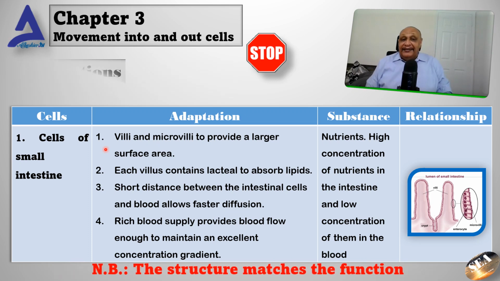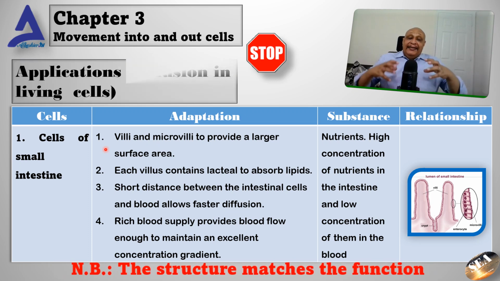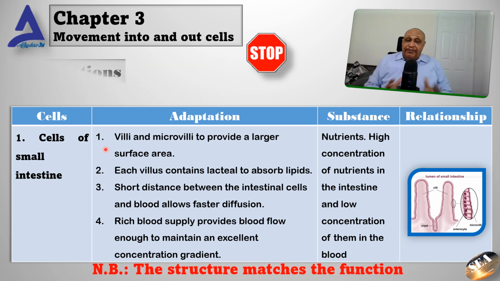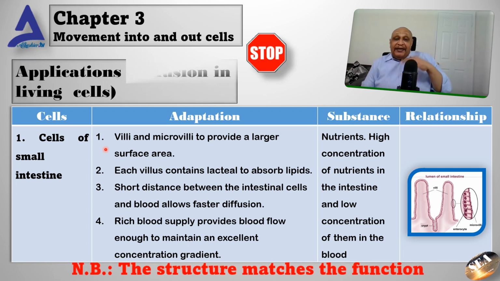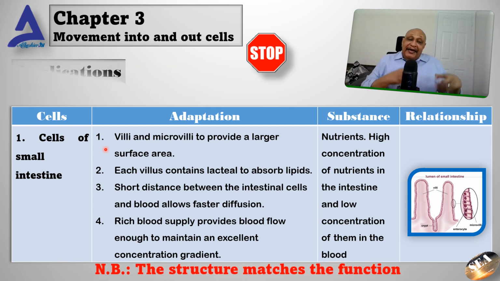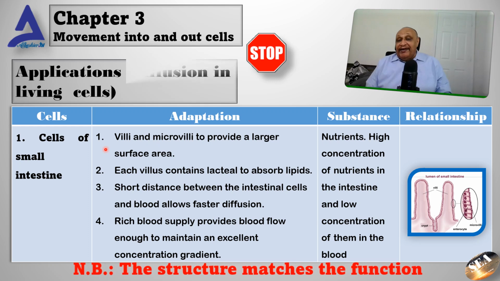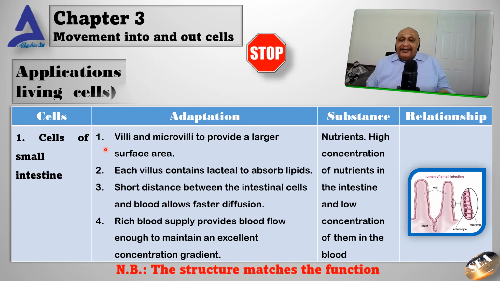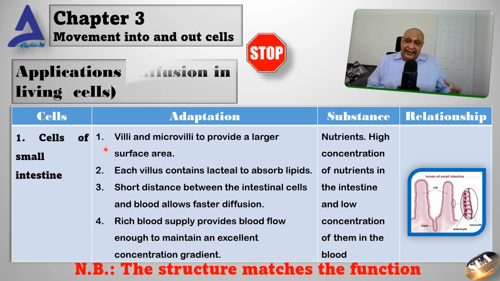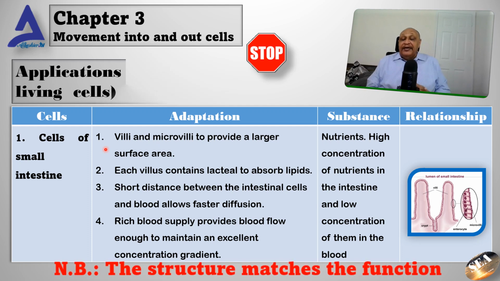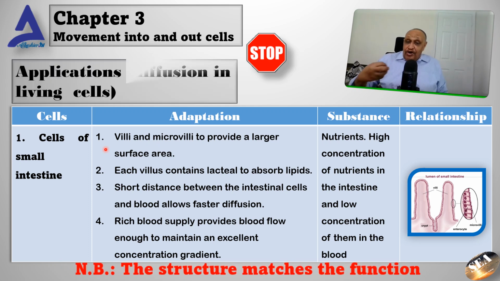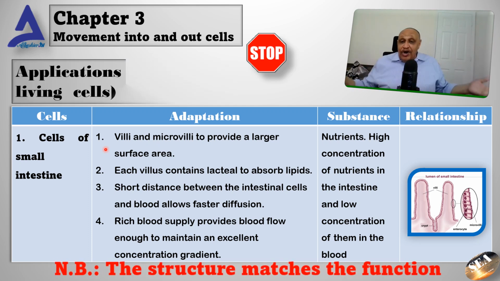And here it is important to understand that the intestine itself has a rich blood supply, and the rich blood flow maintains an excellent concentration gradient. We said that the concentration gradient is the difference between the high concentration, which means the nutrients inside the lumen of the intestine, and the low concentration, which is the blood where there are no nutrients.